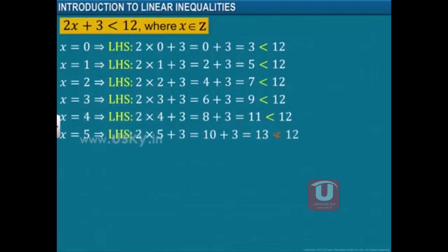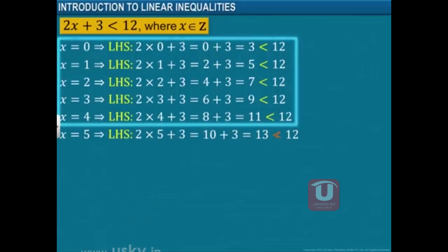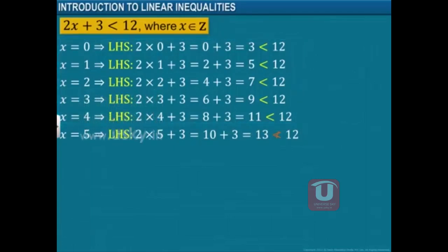less than 12. In the inequality, when we substituted the values of x from 0 through 4, we got the value on the left-hand side less than the value on the right-hand side. For all these values of x, the statement of inequality holds true.